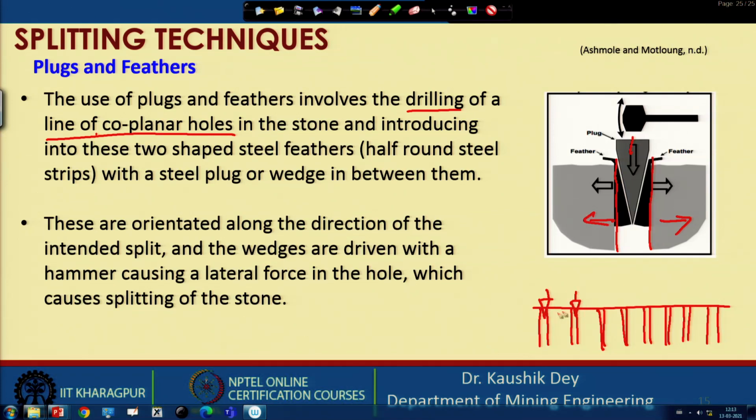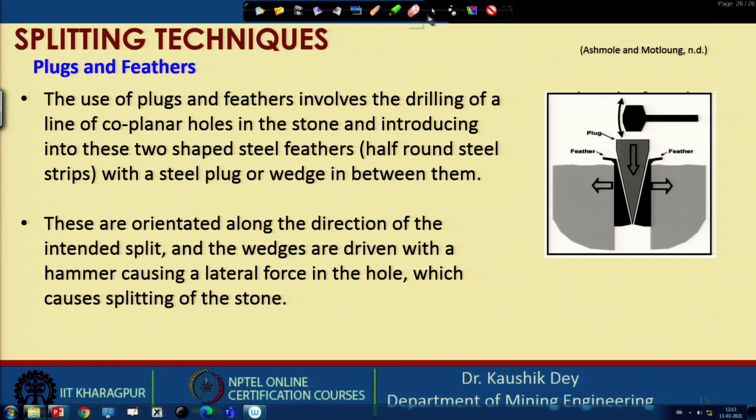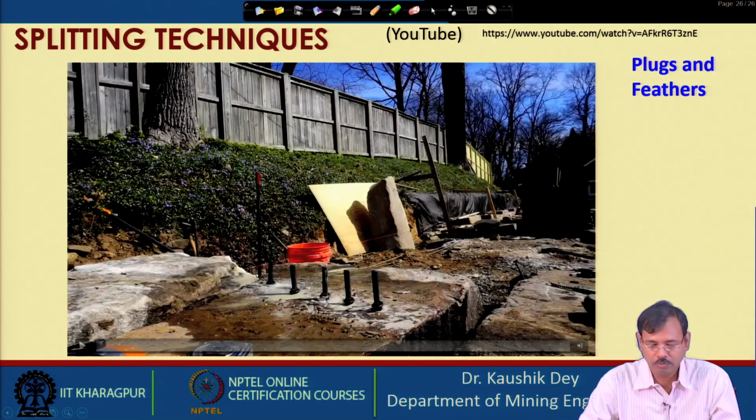So, if you are looking at this, these are the holes from the plan view, and if you are hammering this, then this block and this block are moving in two directions, and by this way we get the splitting. So, we can watch a video on that.